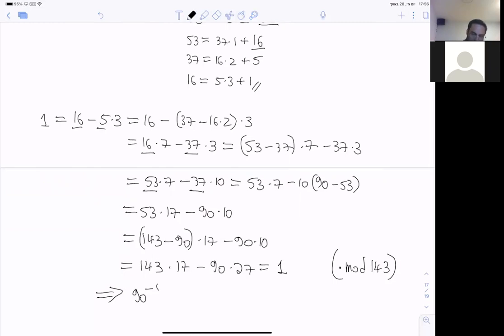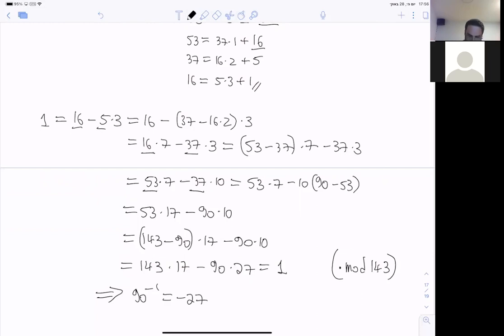Now you have to be careful not to tell me it's 27. Okay? The number that multiplied with 90 is 1 modulo 143 is minus 27.